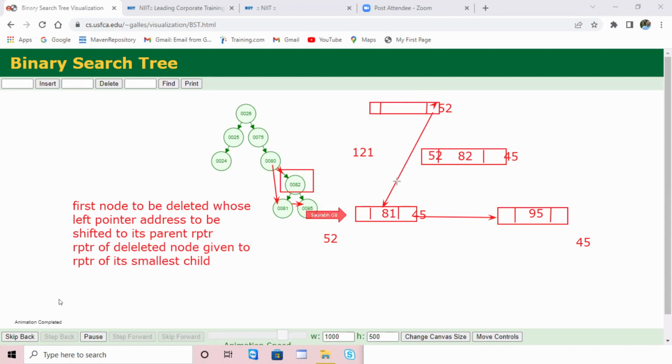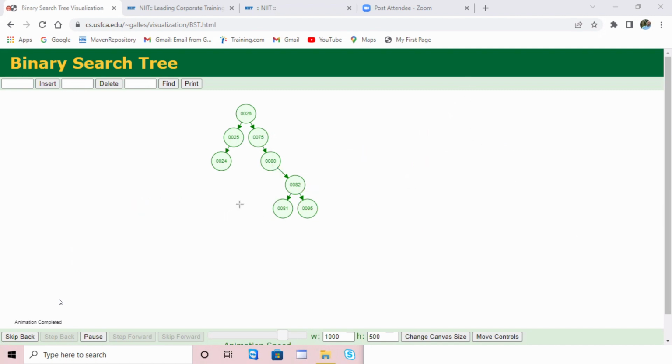So now the parent node is pointing to this. Now my deleted node's right pointer value is given to the right pointer of the smallest node. And automatically it will create this connection. This is the thing that we are going to handle in this particular scenario.